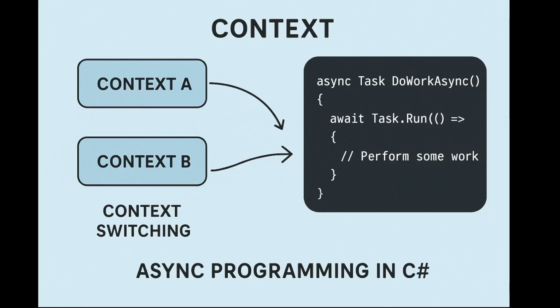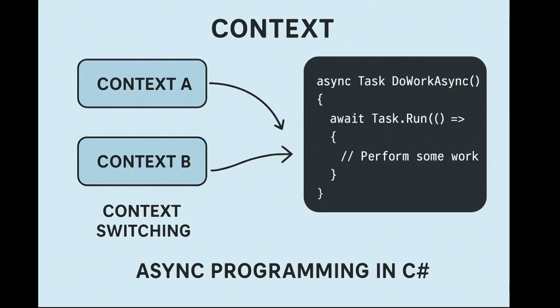It names where your code is executing, where you're awaiting. But as I explain with the code and the image you see here, when we have a method named DoWorkAsync, we have a context A where the code in DoWorkAsync is trying to execute.